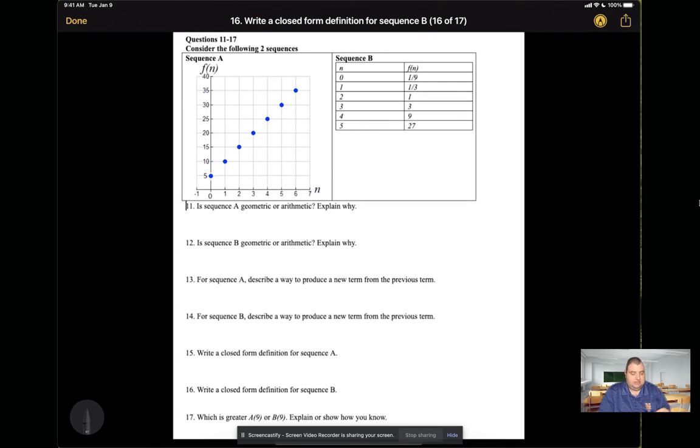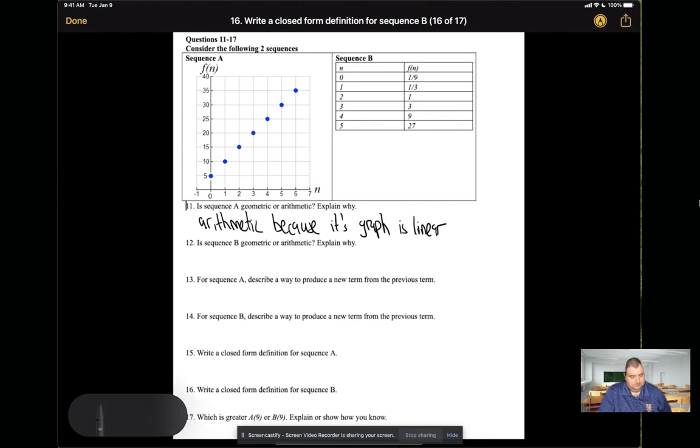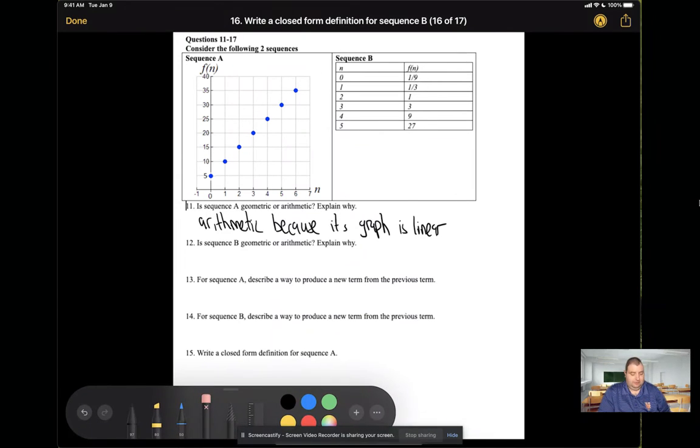So sequence A is arithmetic. Why is it arithmetic? Because its graph is linear.